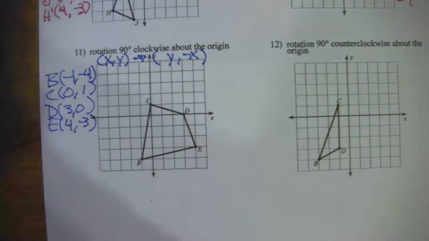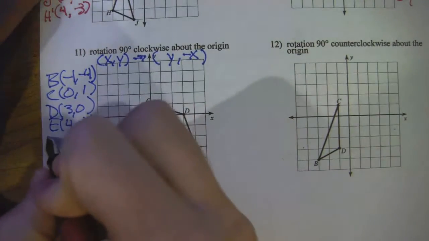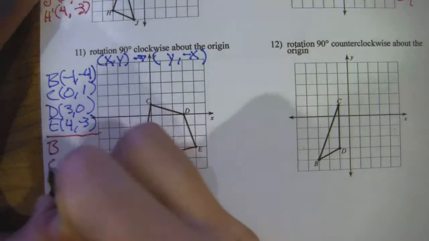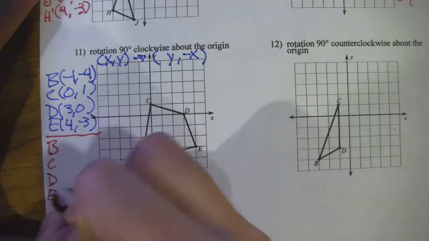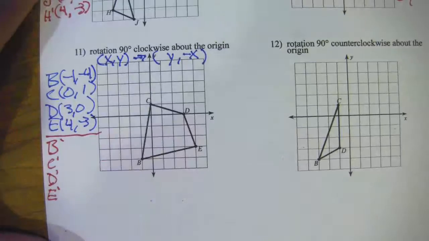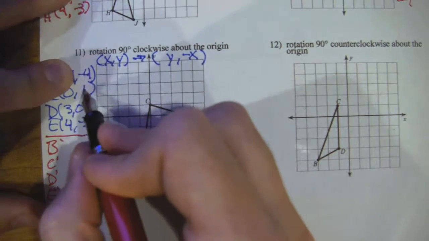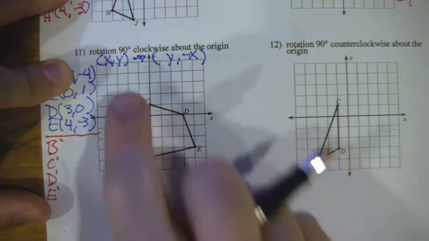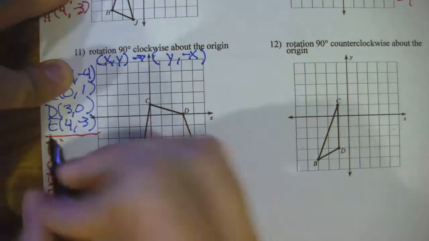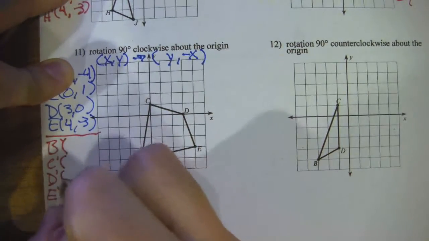Cool. Well, let's get our new coordinates. B, C, D, and E prime. Excellent. Y's go first. And notice Y's aren't changed. So this Y column, -4, 1, 0, and -3 aren't changed. They stay the same, just come first. So let's do that.